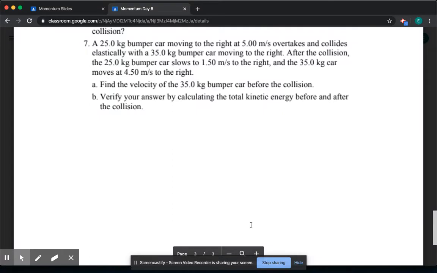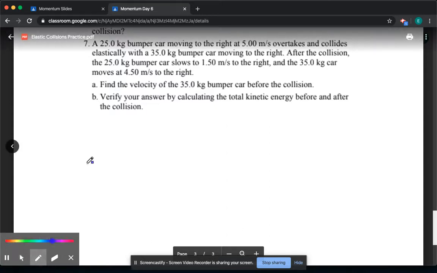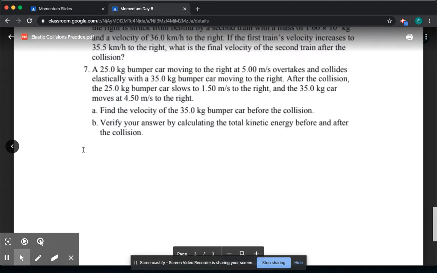Let's see what we have here. What information are we given? Let's scroll this up a little bit so we don't have that little gray highlight. We have 2 bumper cars. One bumper car is 25 kilograms.